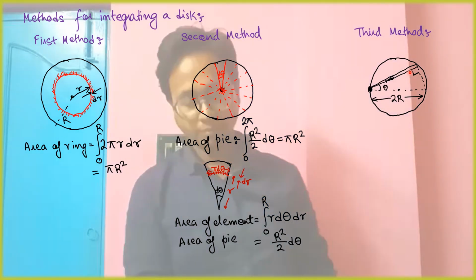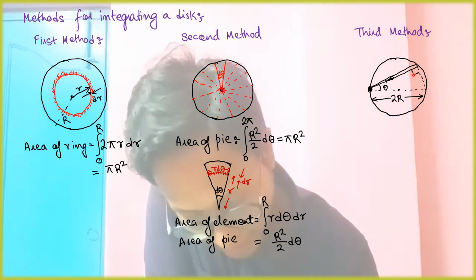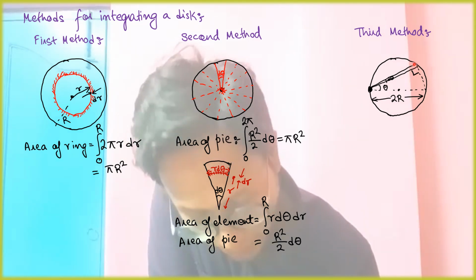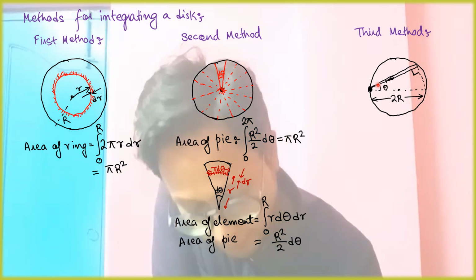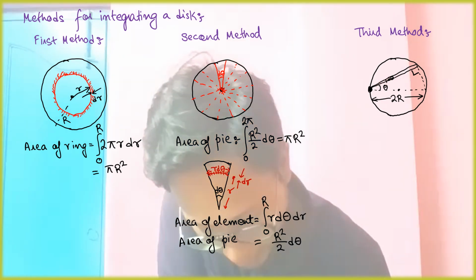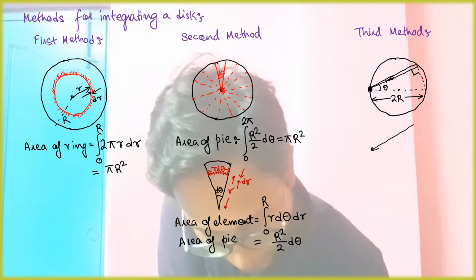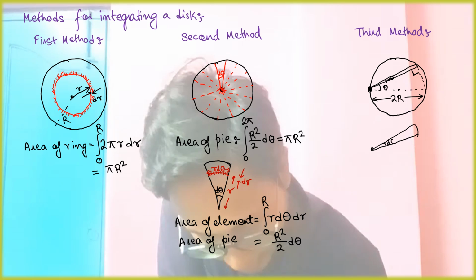Understood? So this angle will make 90 degrees, irrespective of whether this line joins at the lower portion of the pi or the topmost portion of the pi. Okay, and I have to find the area of the pi. Okay, this is d theta.